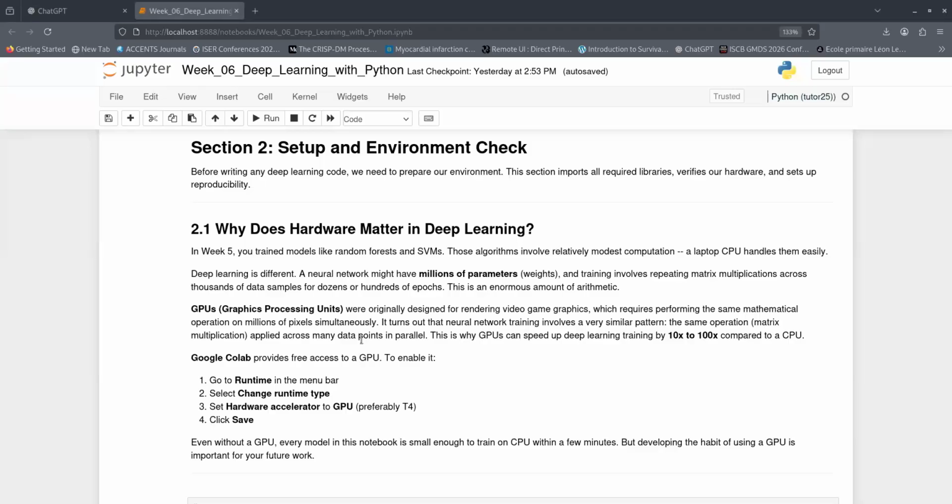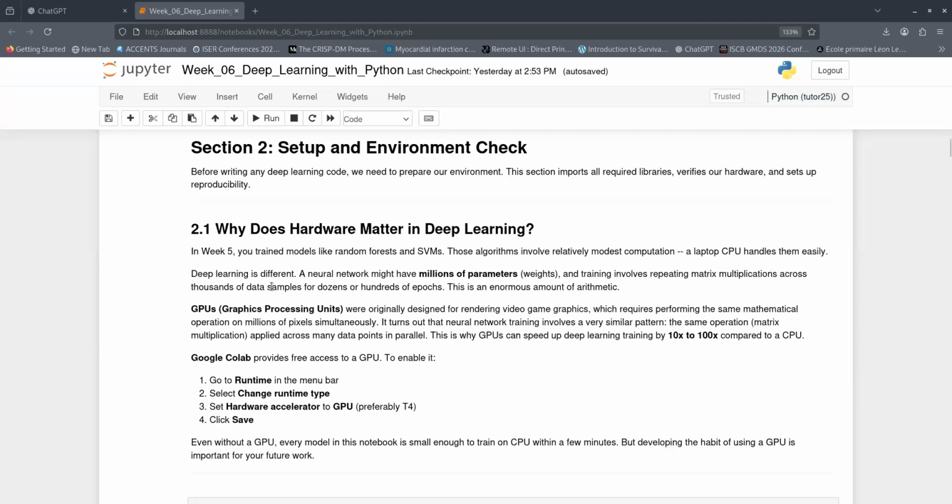In week 5, you trained models like random forests and SVMs. That's what I've seen one of you did yesterday, using logistic regression for the case of loans. Those machine learning algorithms involve relatively modest computation. It means if you have a laptop CPU, it will handle them easily.